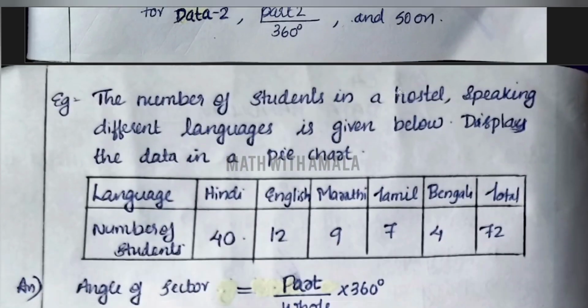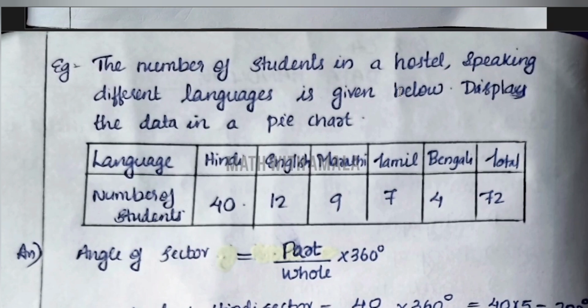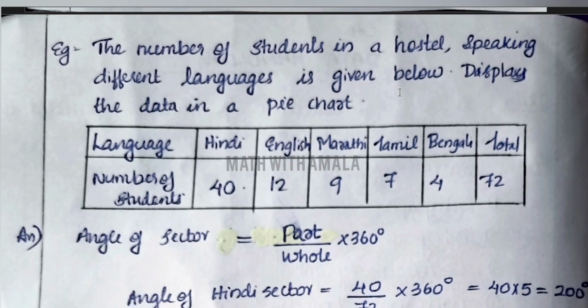It goes like that. For example, the number of students in a hostel speaking different languages is given below. Display the data in a pie chart. You can mark the languages and the number of students in different rows. Hindi, English, Marathi, Tamil, Bengali are represented with 40, 12, 9, 7, 4 respectively, and the total is 72 students.